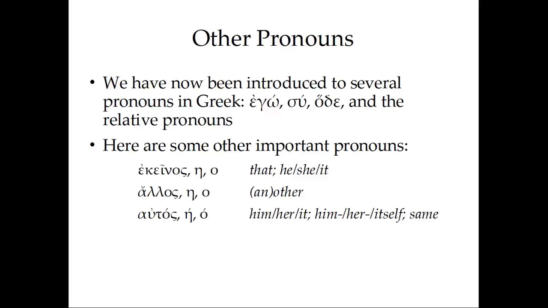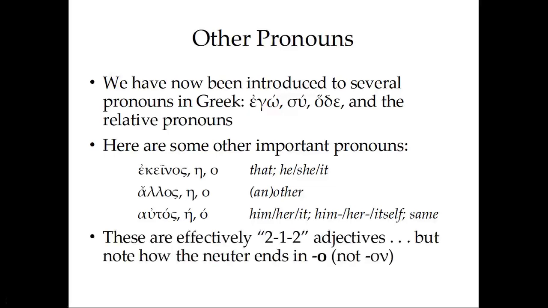This can be basically the third person singular pronoun in non-nominative cases. It can also mean himself or herself or itself or ourselves or themselves. We'll look at that later. And it can also mean same, as in the same one, the same person, the same philosopher, etc. The same thing. These are all effectively 2-1-2 adjectives.